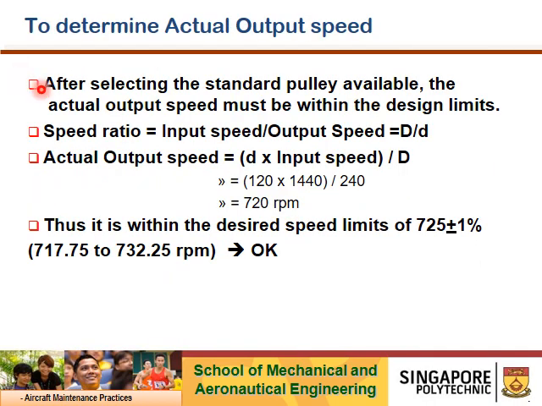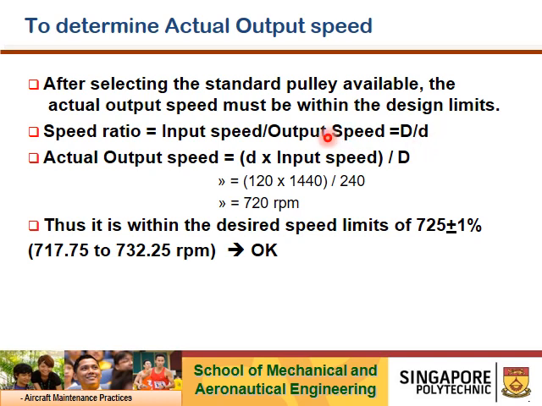After selecting the standard pulley available, the pitch diameter, the actual output speed must be within the design limit or the given data. So in this case, speed ratio is equal to input speed over output speed, which is the faster RPM divided by slower RPM, is equal to big D over small d, which is the bigger pulley divided by smaller pulley diameter.